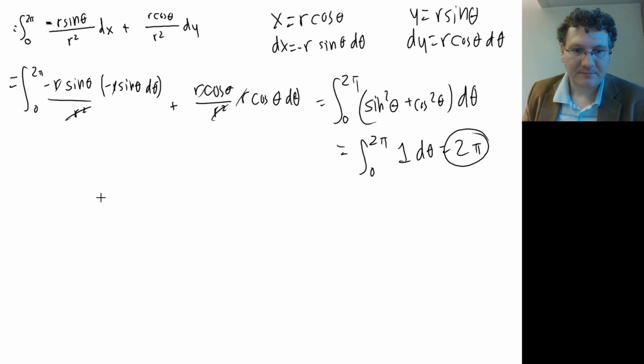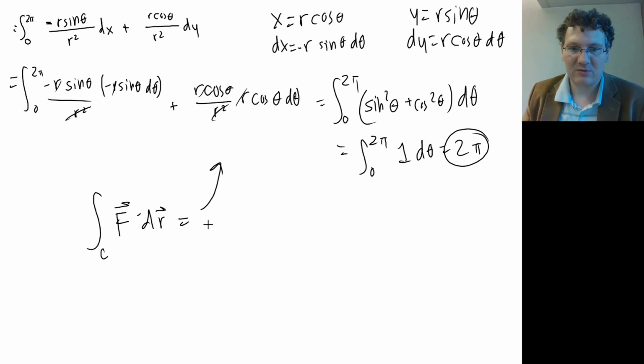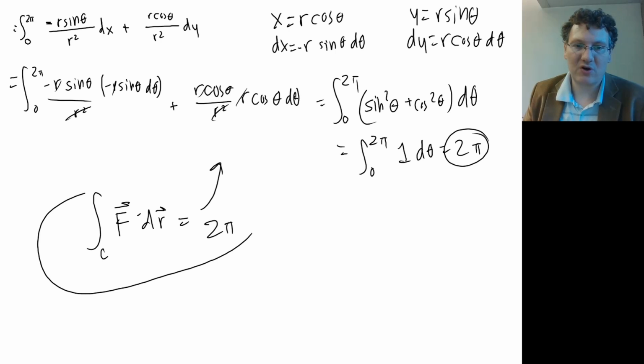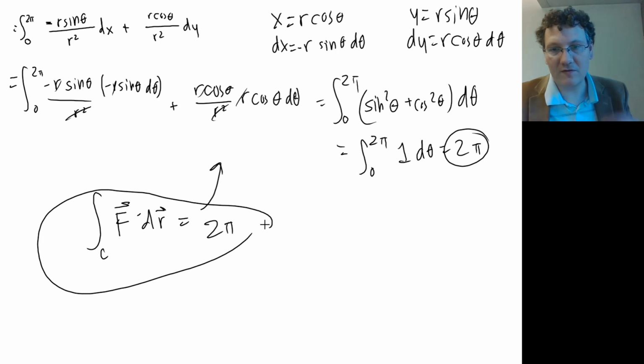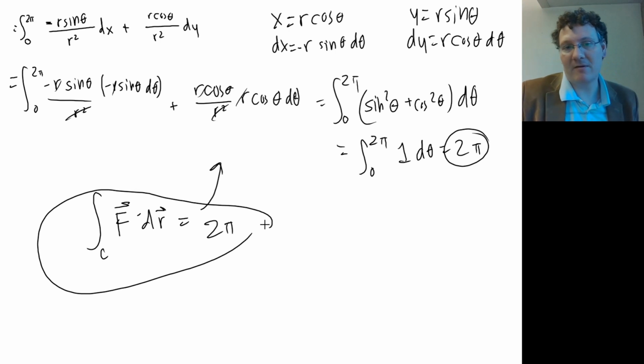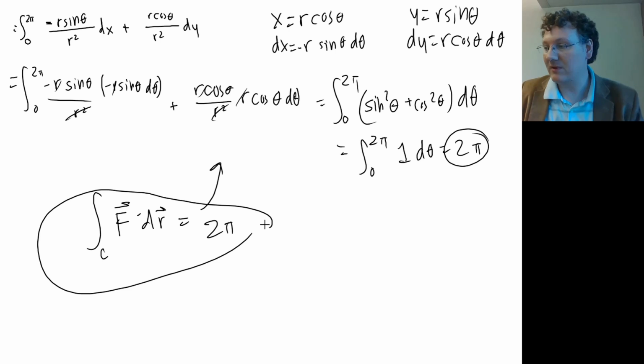Remember, we said the integral of F dot dr over C was equal to this, so it's equal to 2 pi, and that was regardless of the curve. Curve C was arbitrary for this particular function. And that's it. That's what we're going to cover here for Green's theorem. We'll do some examples of this in class. Ciao.